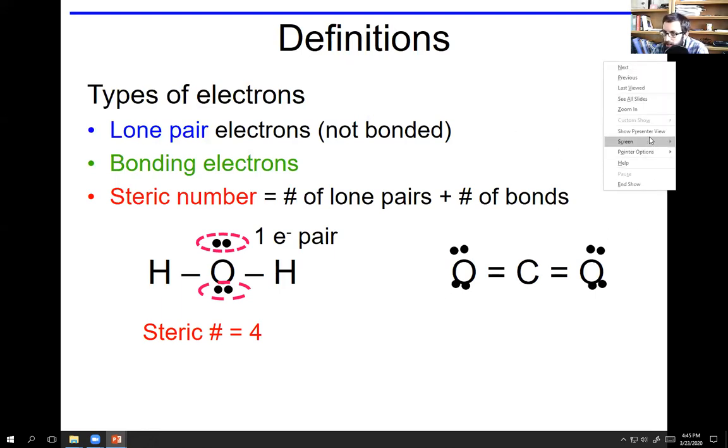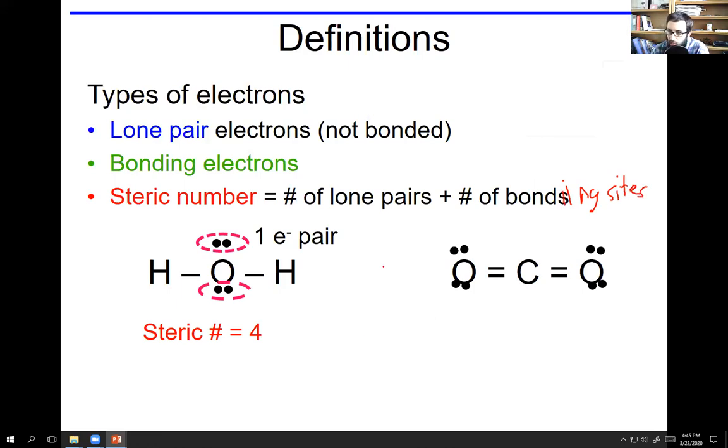Just to be really clear, let's change this to bonding sites. And why am I saying that? Here the steric number is 4. There are 2 lone pairs, 1, 2, and then 2 bonding sites.